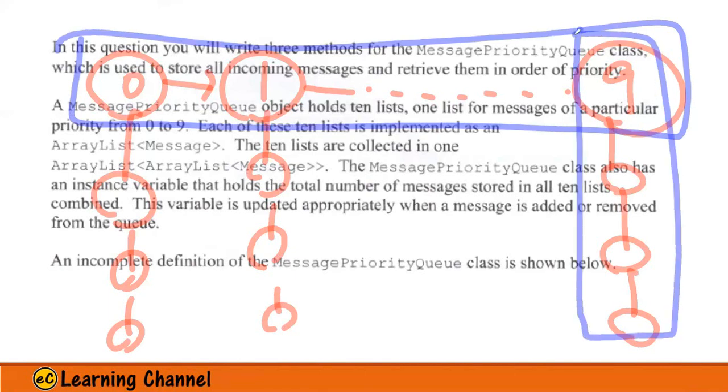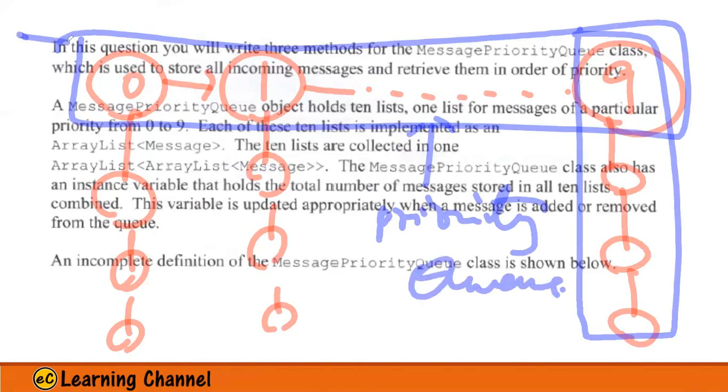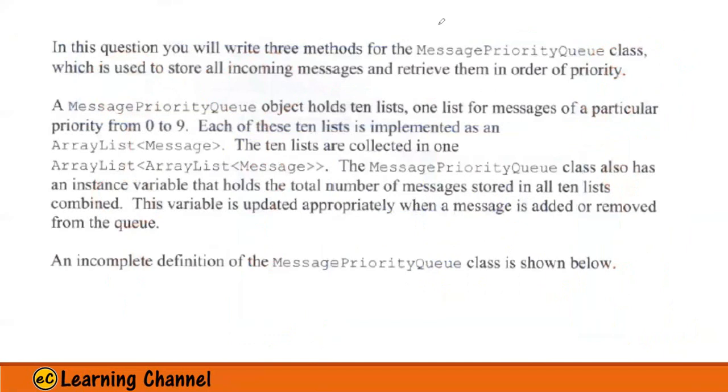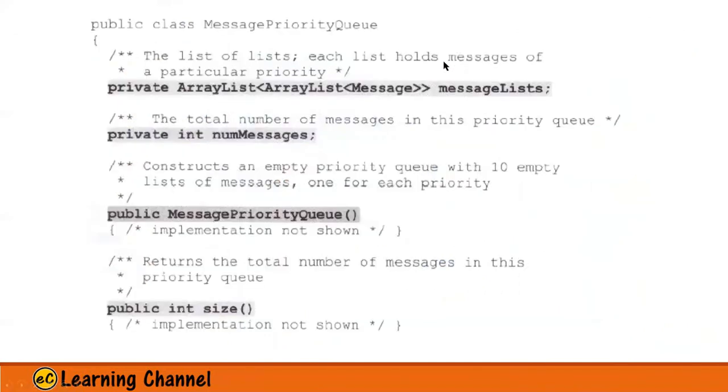So it's an ArrayList of ArrayList, and this is called a priority queue. So you use an ArrayList as a priority queue, and each one has those different messages stored in a certain priority queue. And this is very useful, especially in operating systems.